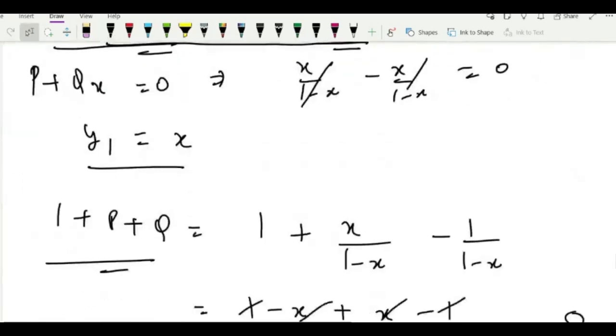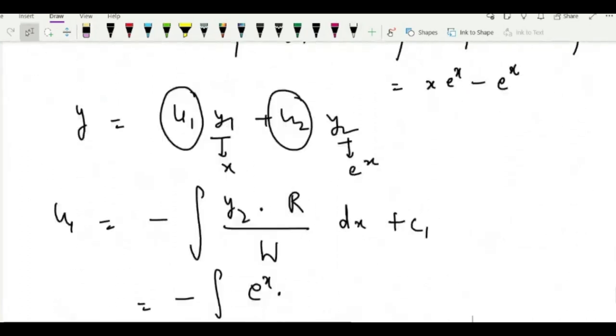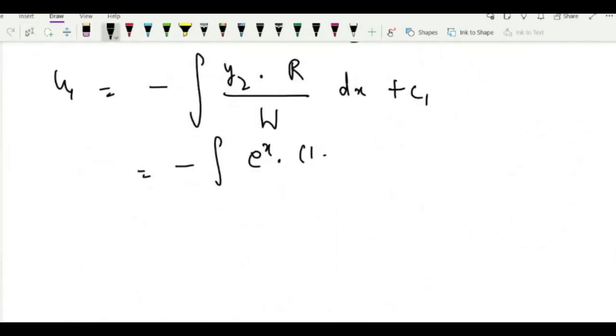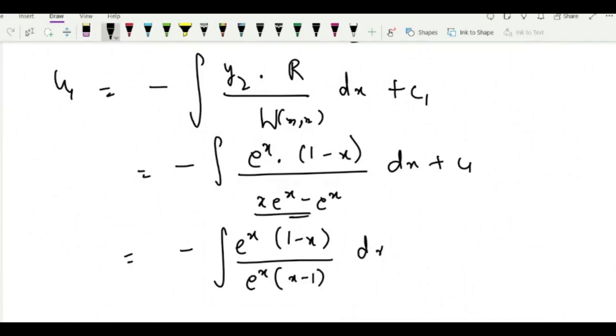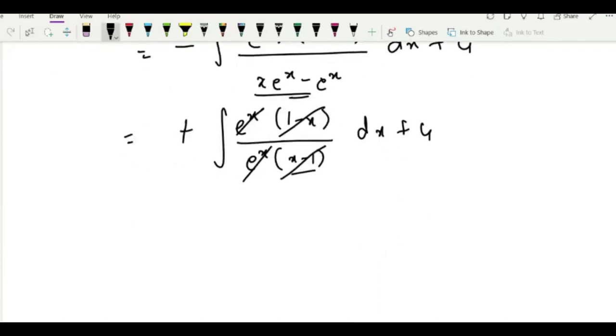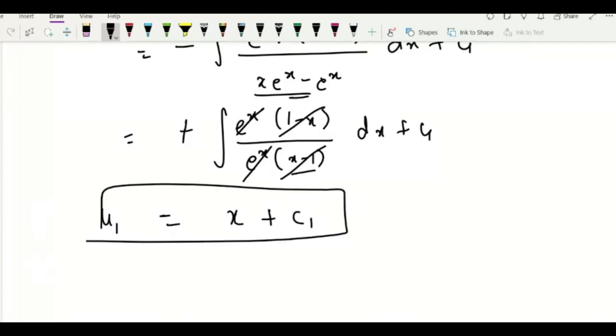So substitute r is equal to 1 minus x and the Wronskian of y1 and y2, x e raised to power x minus e raised to power x, dx plus c1. Just solving this: e raised to power x times 1 minus x, taking e raised to power x common from the denominator, x minus 1, dx plus c1. This will cancel out, and this also cancels out with the negative sign. So we get the integration of 1, which is x plus c1. So this is our value of u1.